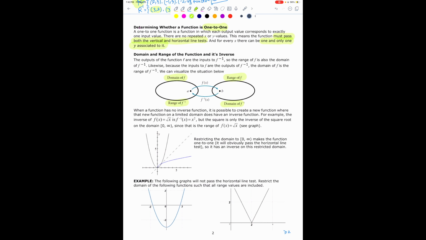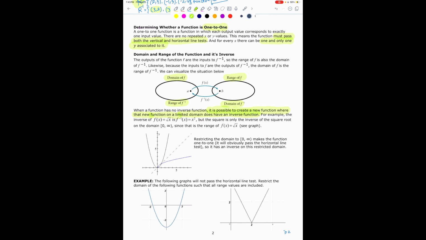When a function has no inverse function, it is still possible to create a new function that, on a limited domain, does have an inverse function, which is called limiting the domain. When we limit the domain, we take some values such that the part that we take is one-to-one, and then we can find the inverse for that part.